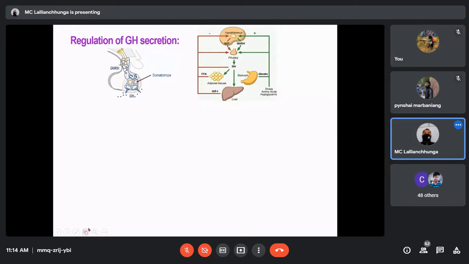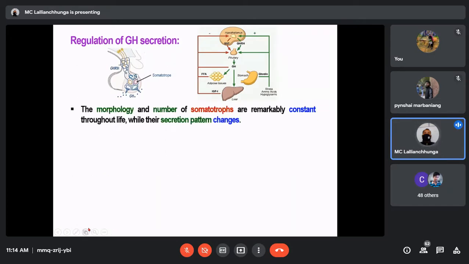Now, how is growth hormone secretion regulated? Just now I have already told you to some extent how it is regulated, but let's see from this diagram. The morphology and number of somatotropes are remarkably constant throughout life, while their secretion patterns change. Here you can see somatotropes.